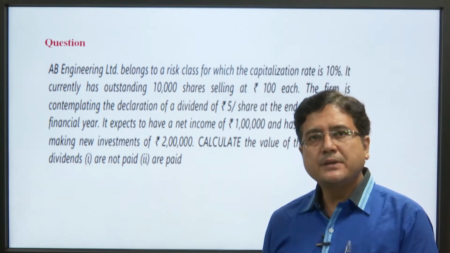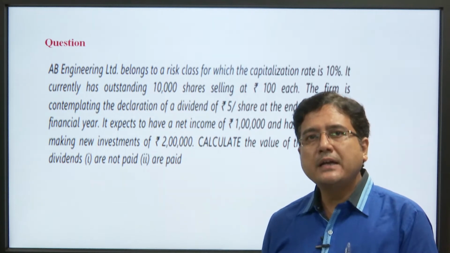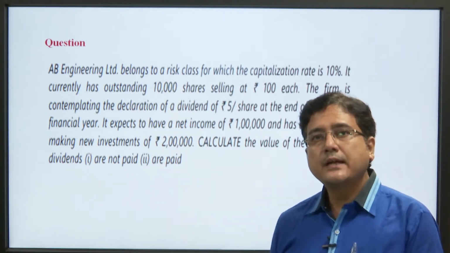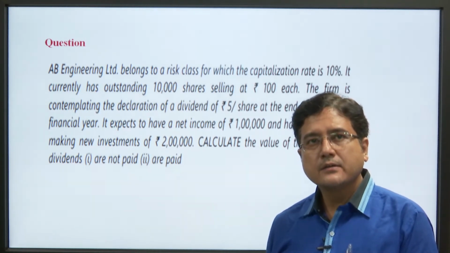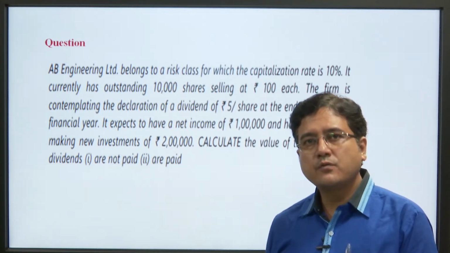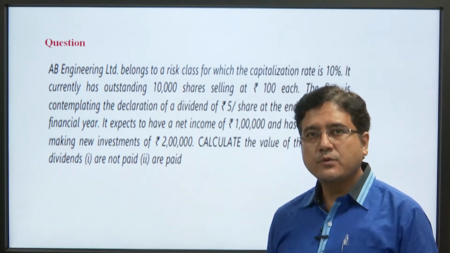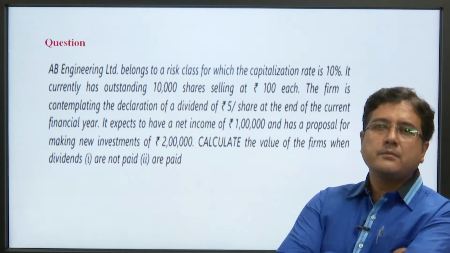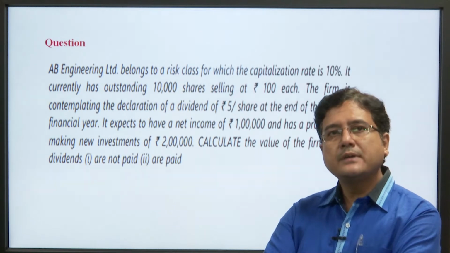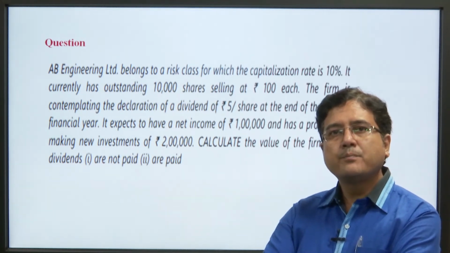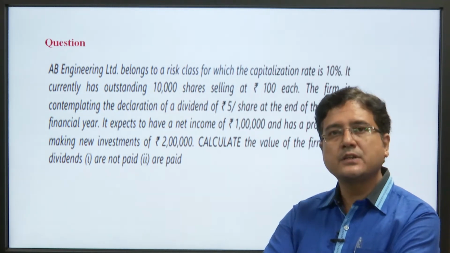AB Engineering Limited belongs to a risk class for which the capitalization rate is 10%. It currently has 10,000 outstanding shares of rupees 100 each. Therefore, the total value of the firm is near about 10 lakh. The firm is going to declare a dividend of rupees 5 per share at the end of the current financial year.